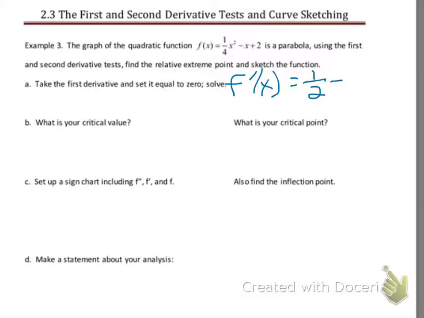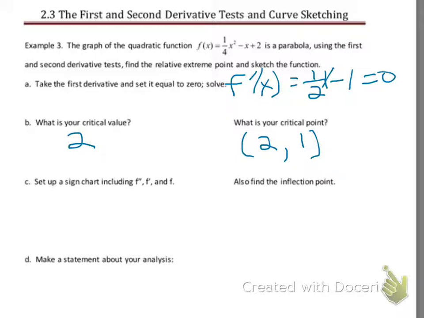I set that equal to 0, and I get a critical value of 2. So my critical value is 2. To get the critical point, take the 2 and plug it back in your original equation, and you will get a value of 1. So now I have my critical point and my critical value.